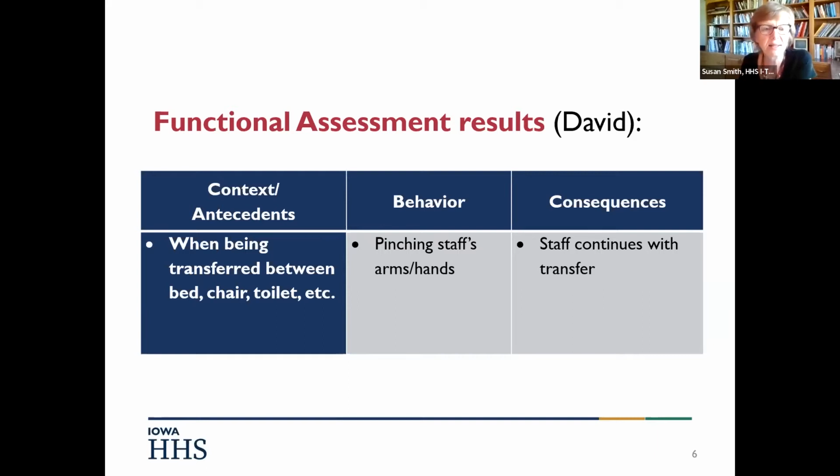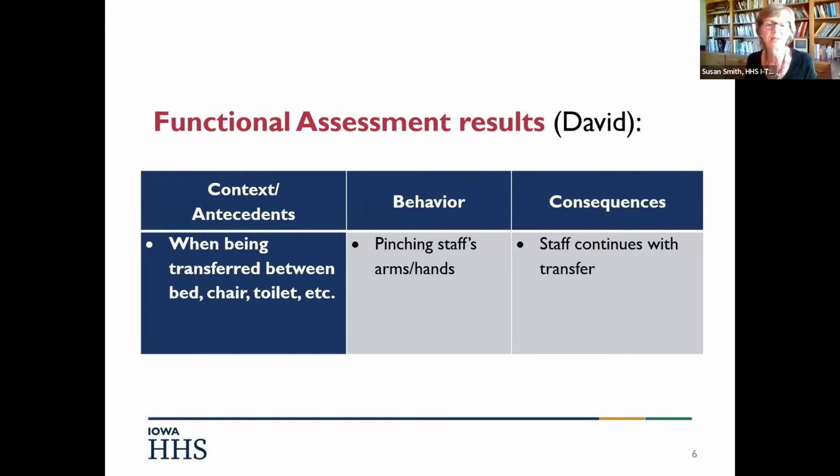And the context and antecedents, I should say too, the two examples we have today are pretty simple, to get the point home and to stay within our time frame. But those can be things that happened a long time ago, like in early childhood, things that still influence the person's behavior. Or they could be things that happened literally a second before the behavior happened.